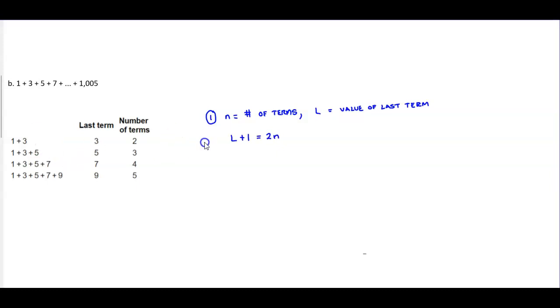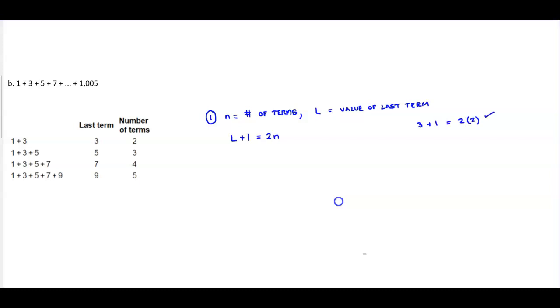Let's take a look at this. If we take the last term, 3, and add 1, it gives us 4. Well, 2 times the number of terms gives us 4. So let's check: the last term is 3, add 1, and is that equal to 2 times the number of terms?